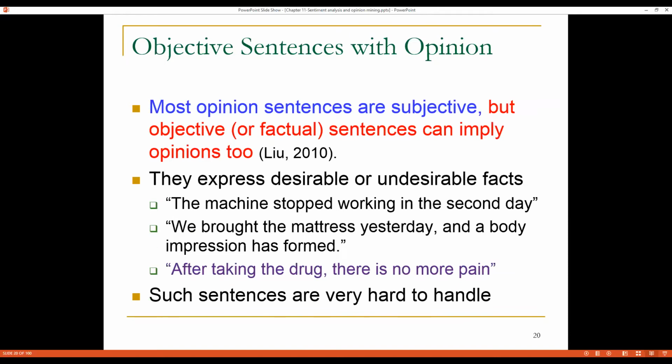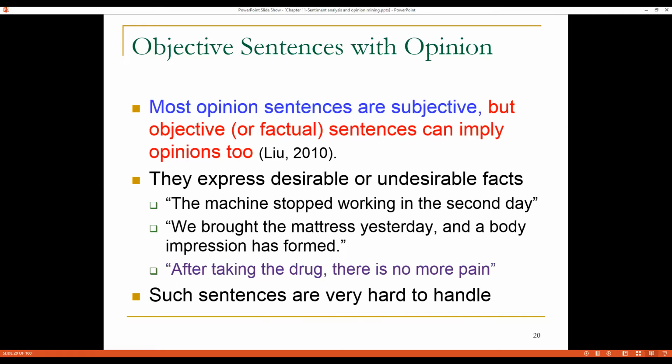So most opinion sentences are subjective, but objective sentences can imply opinions too. They don't necessarily have to be subjective. They express desirable or undesirable facts. So if you had the statement, the machine stopped working in the second day, that's obviously a negative thing, since it's only worked for a little over a day.